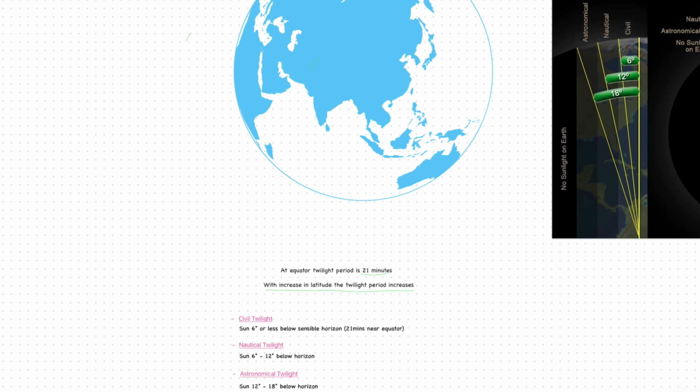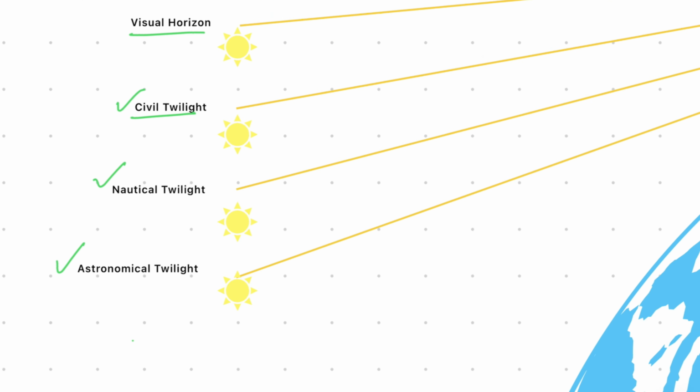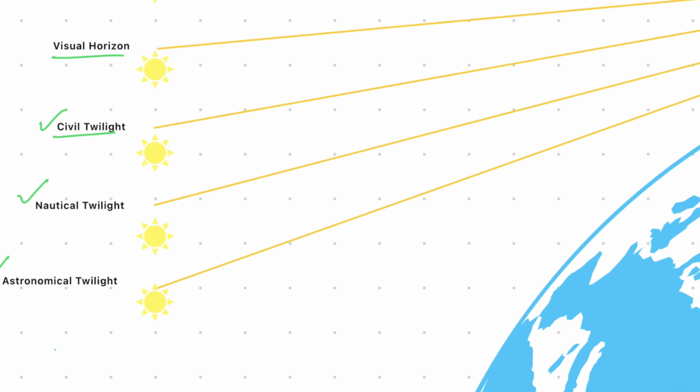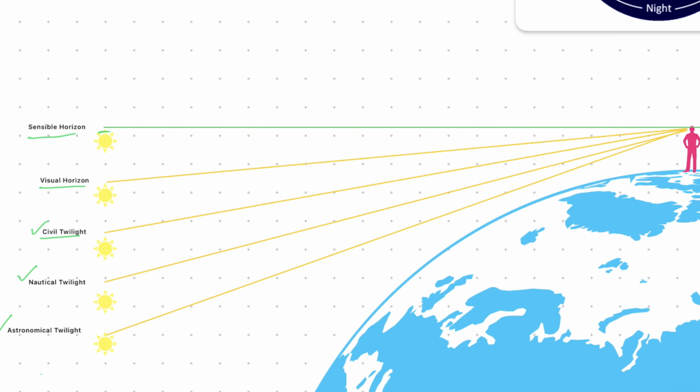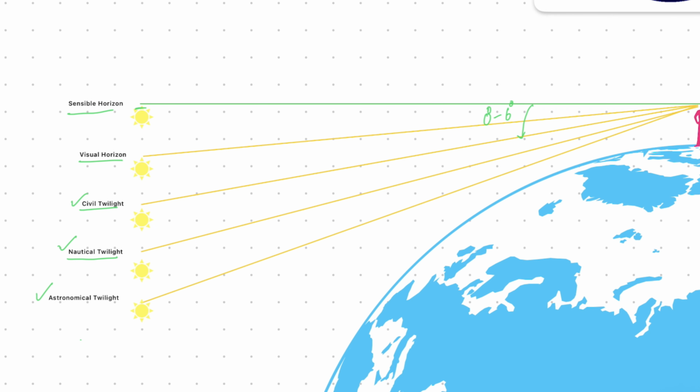Now comes the twilight. First we have the civil twilight, which we use in our flying, and that is when the sun is 0 to 6 degrees below the sensible horizon. Okay, now nautical twilight. Nautical twilight happens when the sun is 6 to 12 degrees below the sensible horizon.